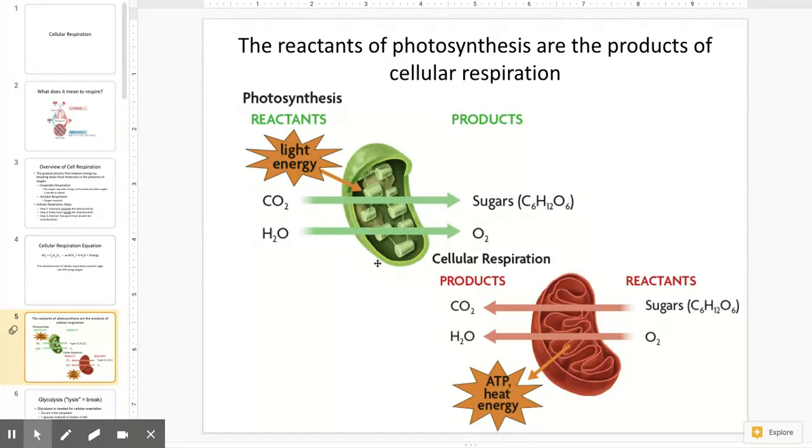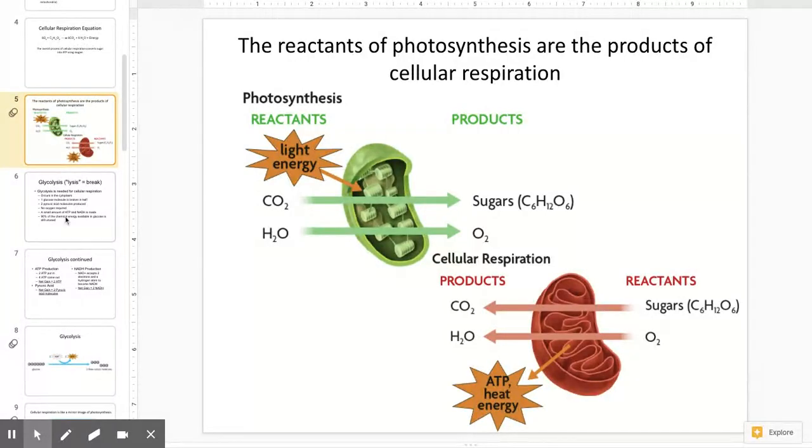So the two processes are intertwined, but note that plants do cellular respiration. Animals do cellular respiration. Animals do not do photosynthesis. That is something that is unique to organisms that have chloroplasts.